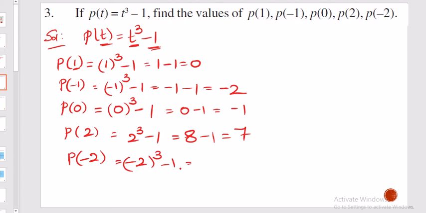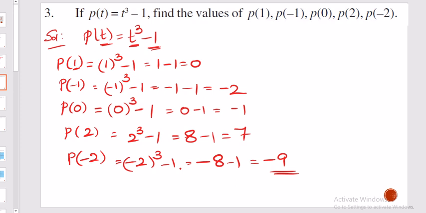Power 3 means odd power, so the minus is carried as it is. So minus 8 minus 1 is minus 9. So from this we have found the value of the polynomial for each value of t.